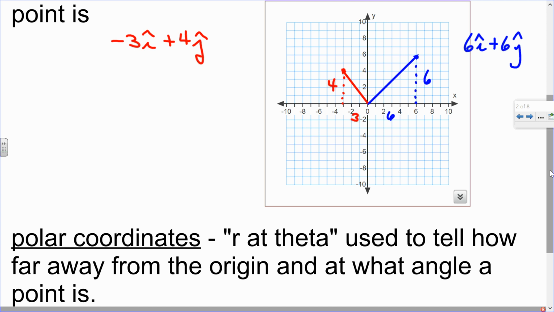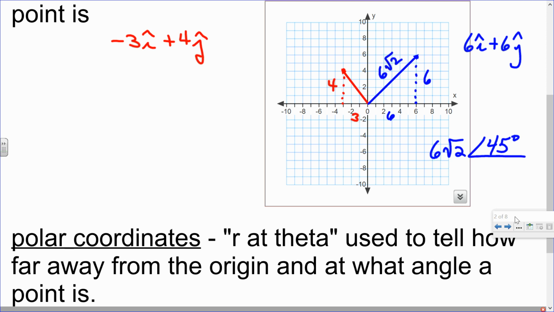We have a right triangle, 2 sides are 6, so it's an isosceles right triangle. So how big is this angle? 45 degrees. And since it's a special right triangle, 1, 1, root 2, 6, 6, 6 root 2 would be how long the hypotenuse is, so that's how long the vector is. So the blue one in polar coordinates would be 6 root 2 at 45 degrees.